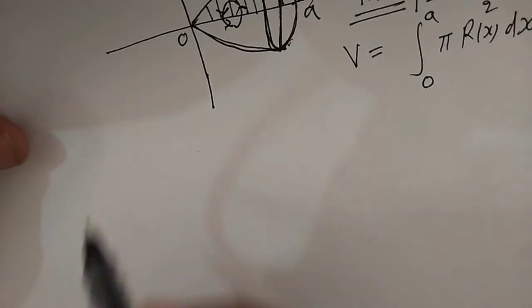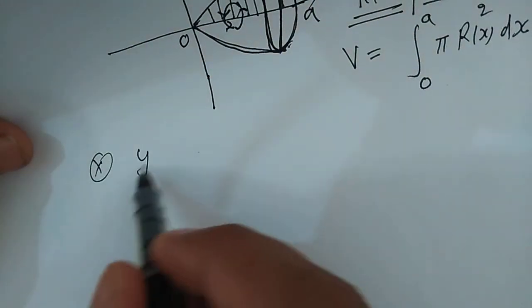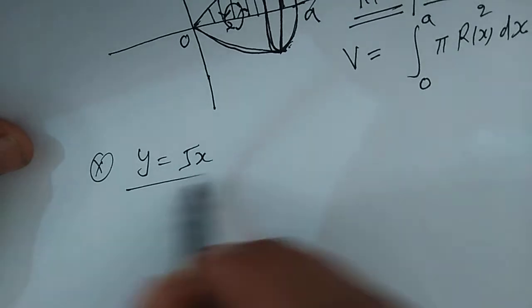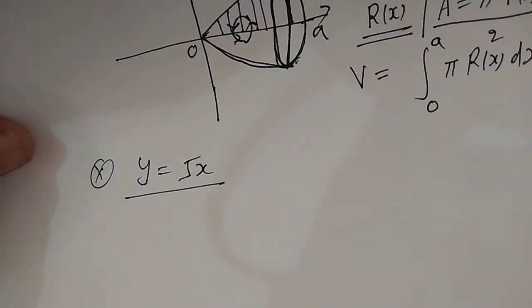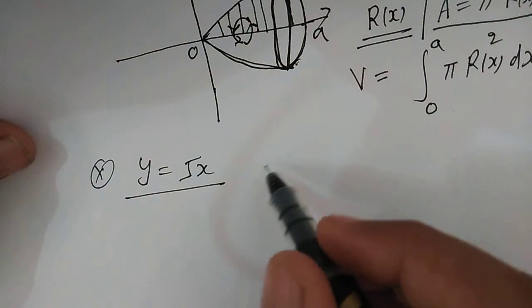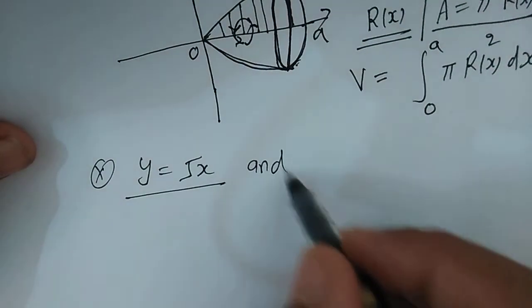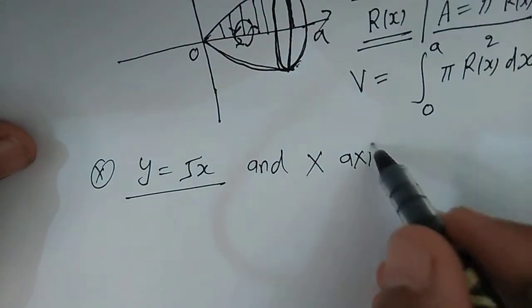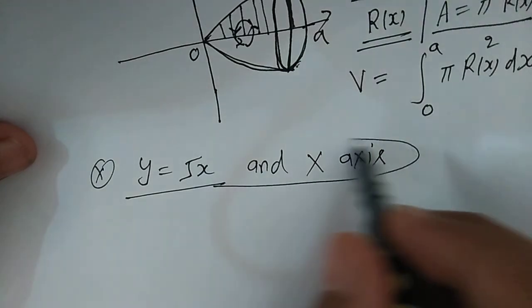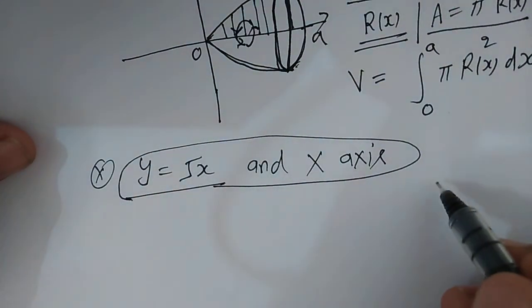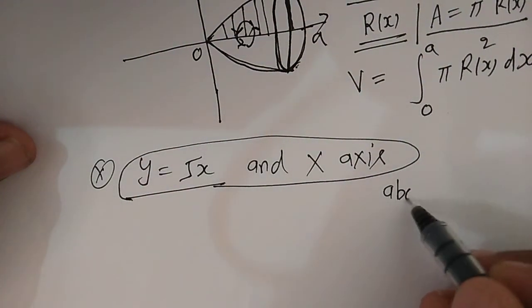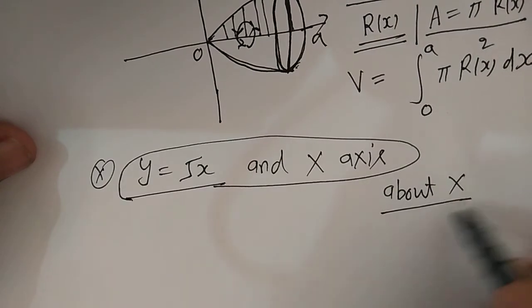I'll take one problem here. Let one parabola be y equal to root x, and take the region bounded by this parabola and the x-axis. This region is revolving along the x-axis, revolution about the x-axis. Find the volume.